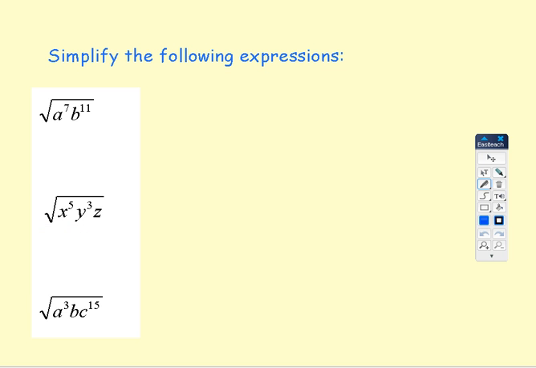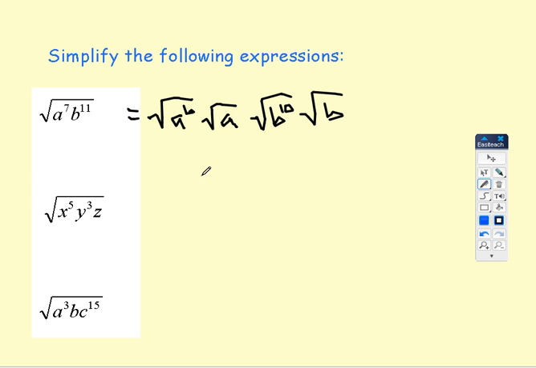Okay, so let's simplify these. The square root of a to the 7th times b to the 11th. I'm going to break that down to a to the 6th times the square root of a. I'm finding the factors that are perfect squares. And then b to the 10th, and then b.